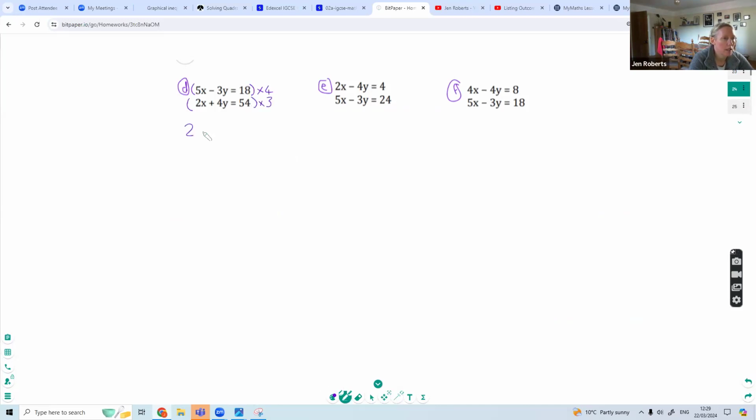So you've got 20x minus 12y equals 72. Times the bottom by 3. You've got 6x plus 12y, 162. The signs are different. It's a minus and a plus, so we need to add them.